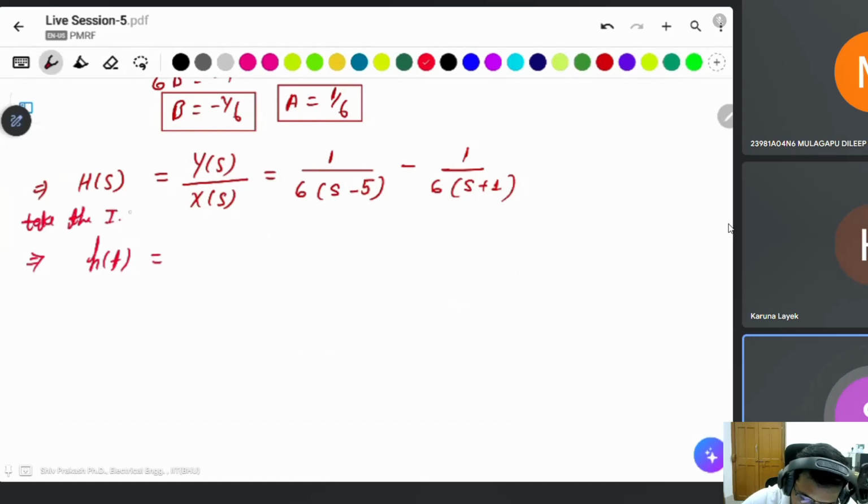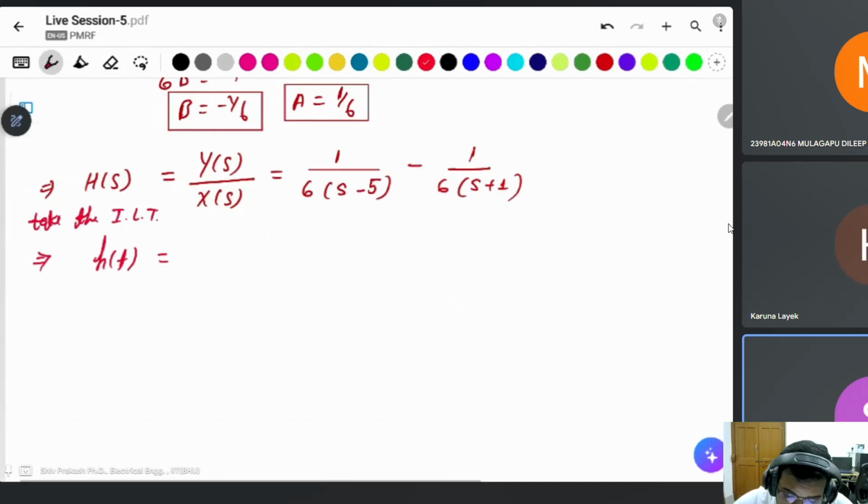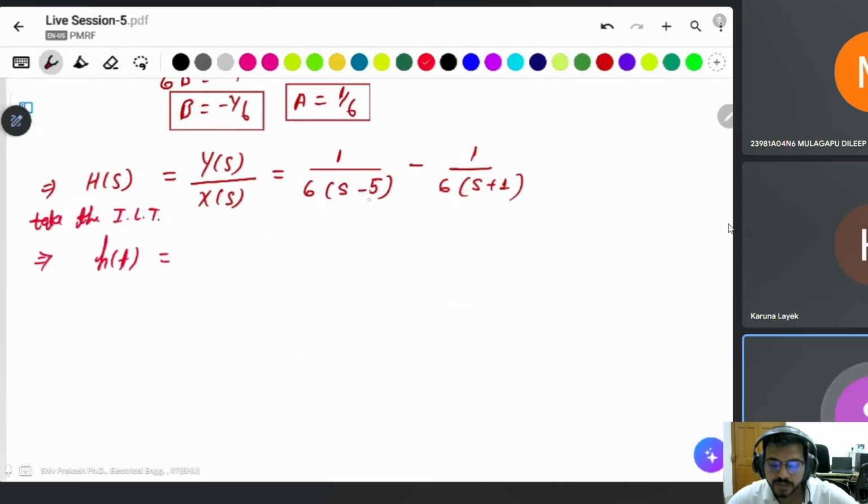Take the inverse Laplace transform of this one. Minus is there 5, it means same to same you can put the e to the power minus of 5 like that. This will be minus 1 by 6, e to power of minus 5.